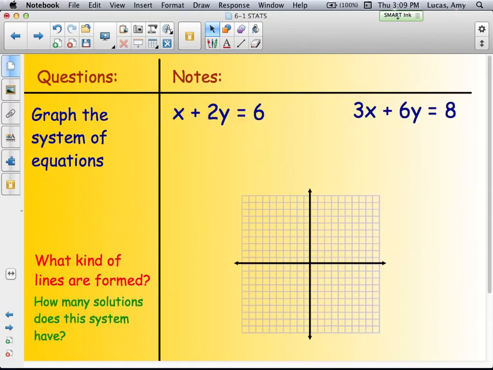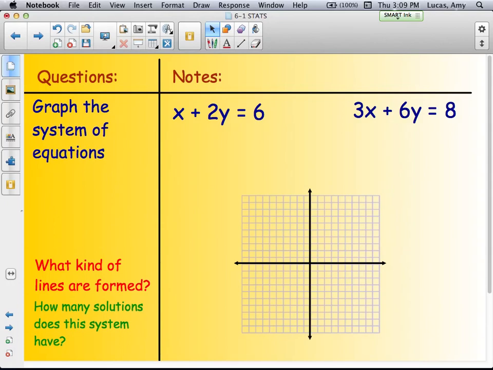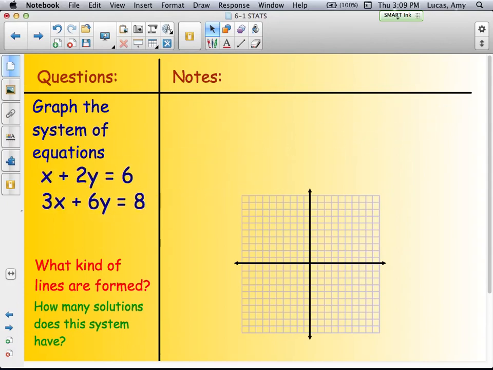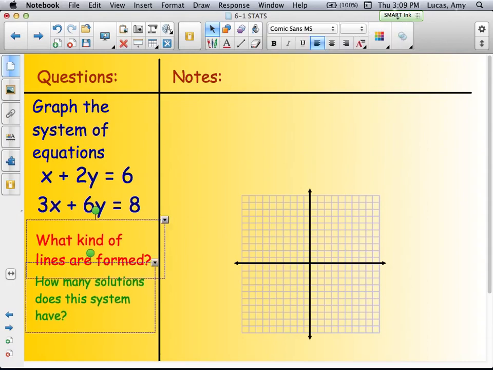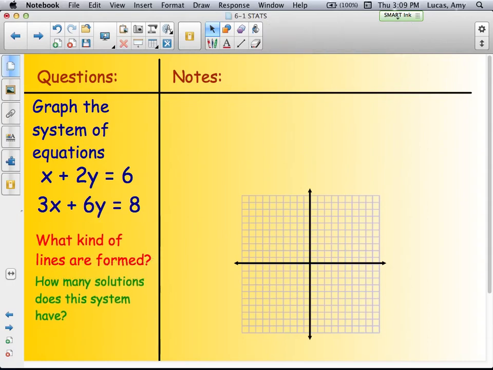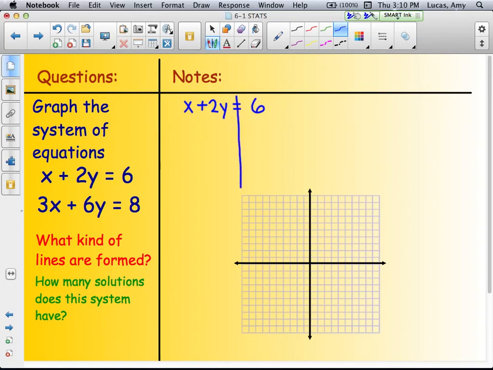The third example. So you can probably guess what's supposed to happen on this one, just because we had three different types of systems. So let's see if it's what we expect. So for this one, I need to rewrite it because it's in standard form. So I can subtract.